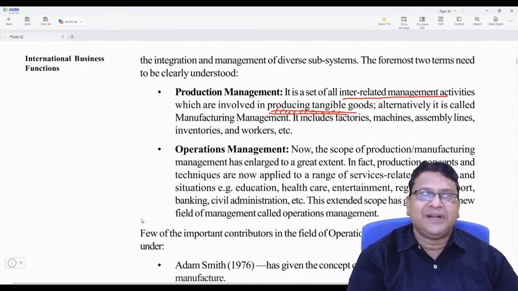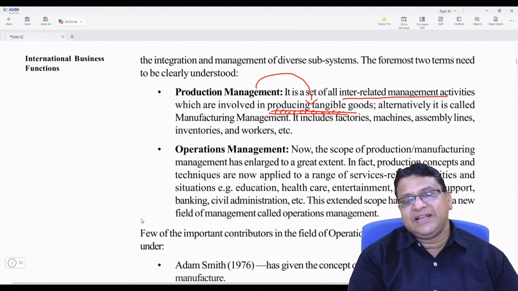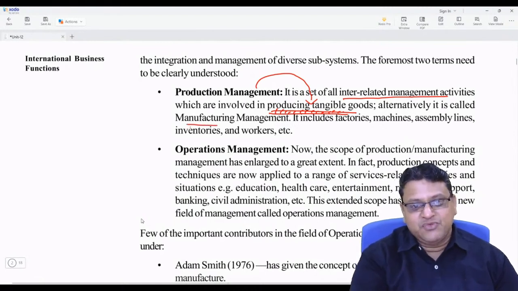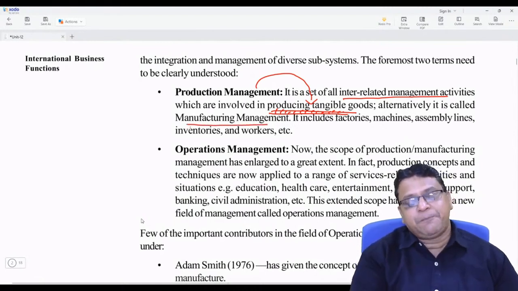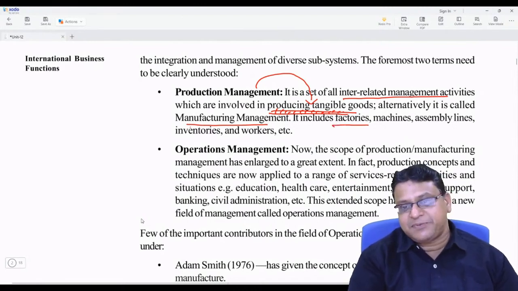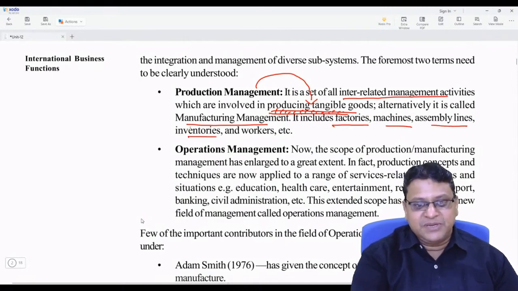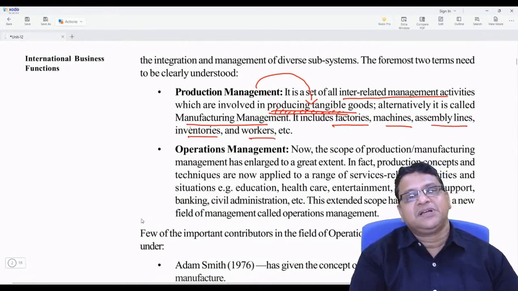So production management is a term used in the context of tangible goods. Hence, it is also known as manufacturing management. In production management, we deal with concepts like factory management, machine management, assembly line management, inventory management, and workers management.